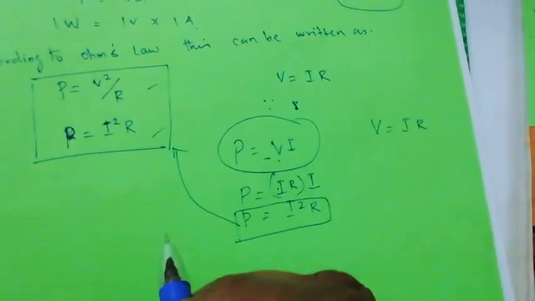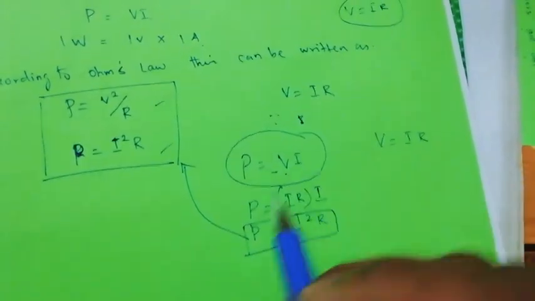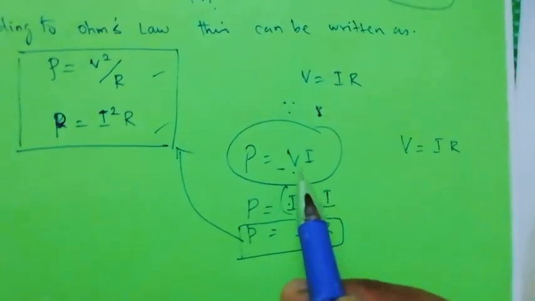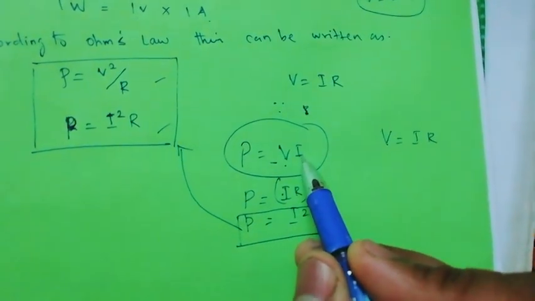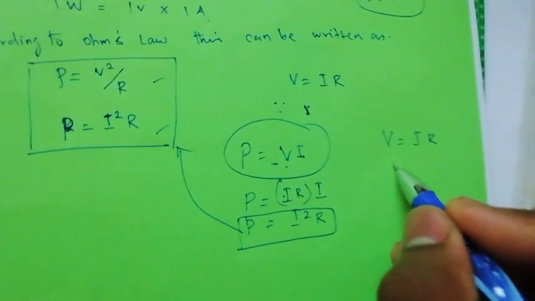There is another way of writing this. Here P is equal to VI. We substituted V; now we can substitute I also.